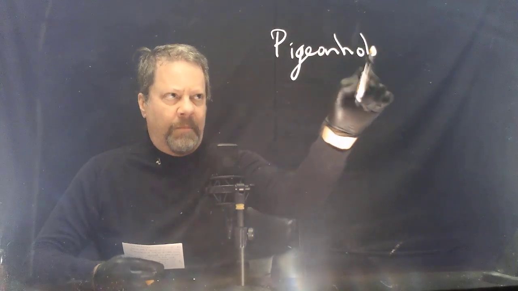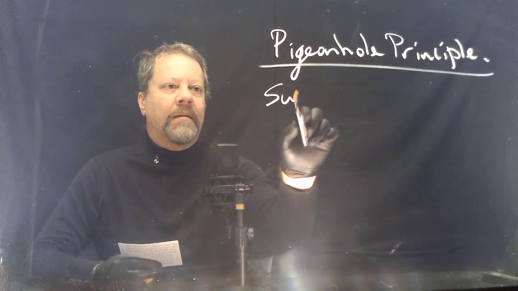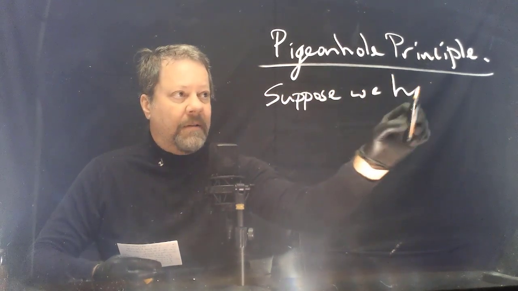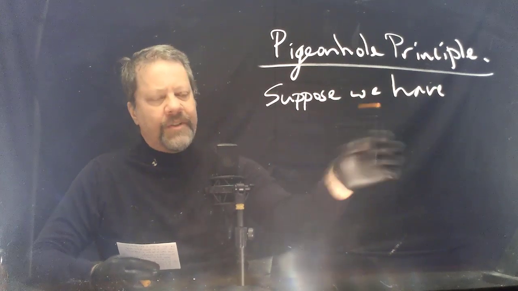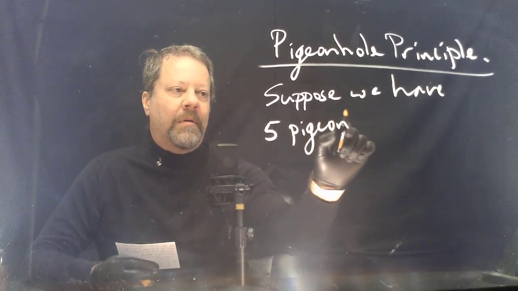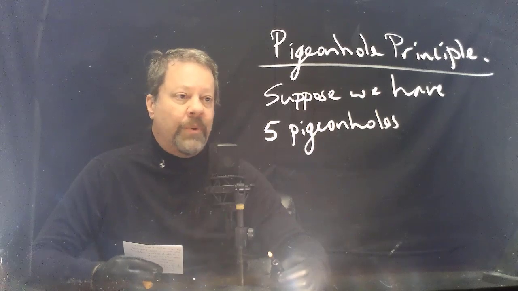We next turn to something called the pigeonhole principle. To illustrate the pigeonhole principle, suppose we have 5 pigeonholes. These are places where a pigeon will roost.